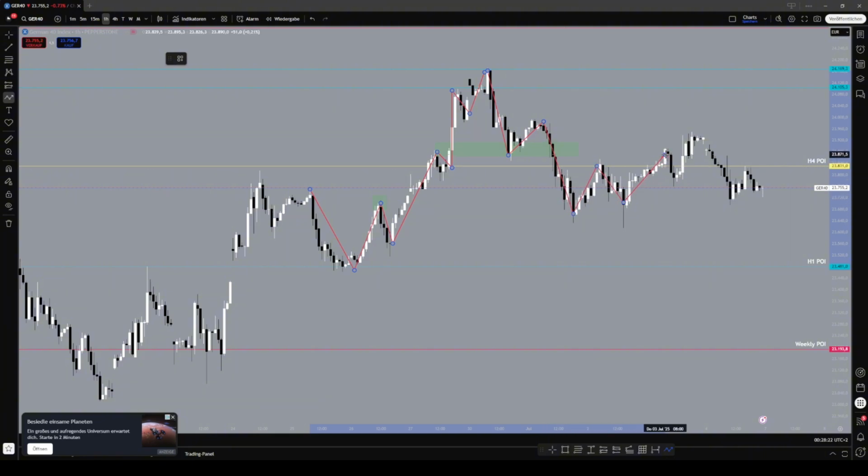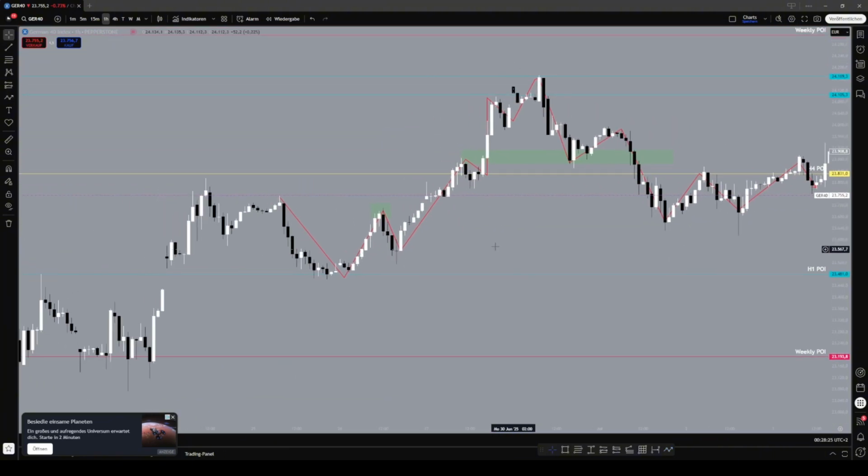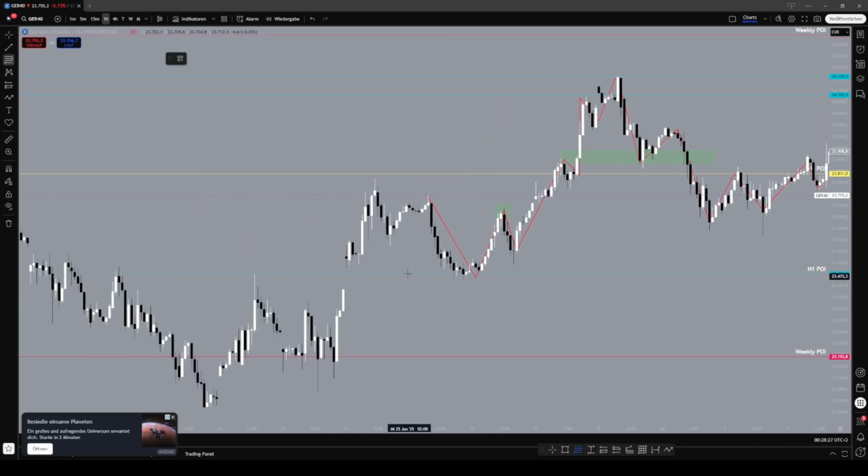So we have to look a bit more in detail at the Fibonacci tool. And here you can see we have this push up, and we can use the Fibonacci tool to draw in here, but it's not a good example, because in my opinion we just have to push above this lower high here to confirm that we are still continuing upwards.